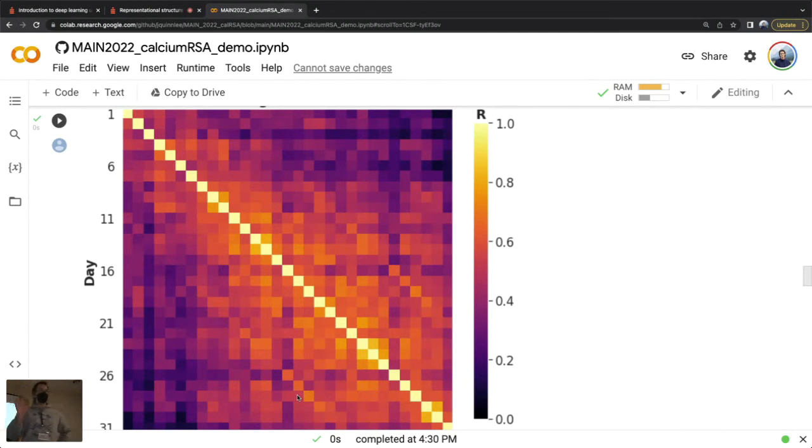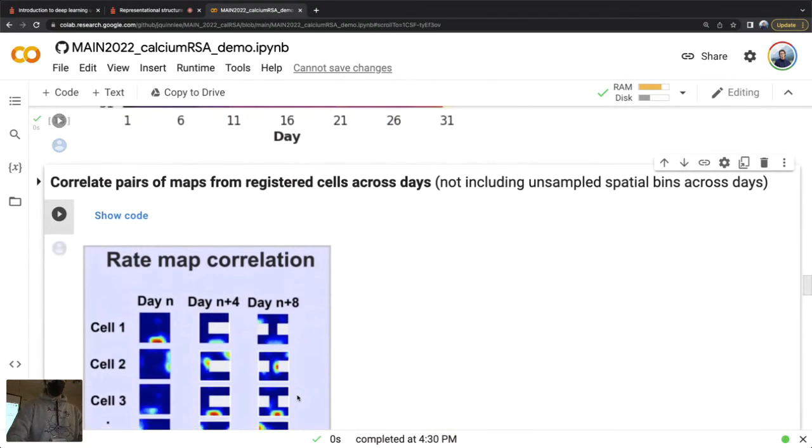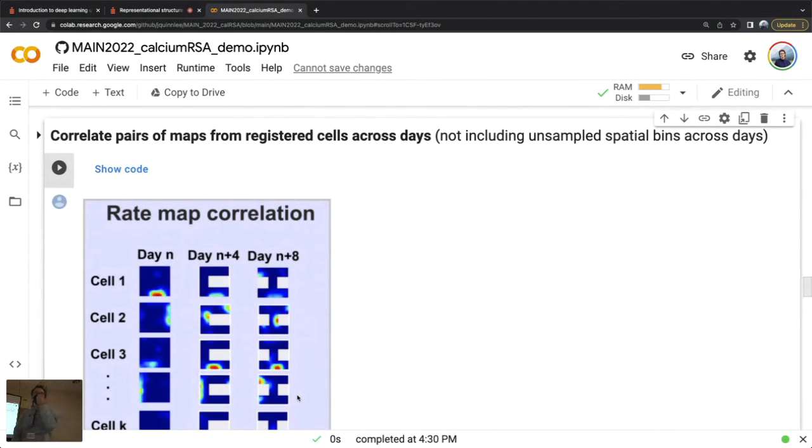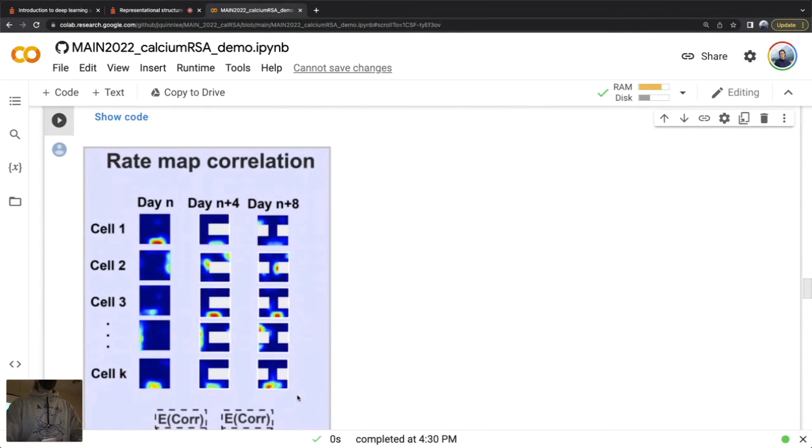Because remember how this experiment was designed. We have this sequence of geometries that repeats at a delay of 10 days. So maybe there's some meaningful structure in this RSM. But I think that we could get more specific and more detailed with how we're building this representation of CA1 activity. So we could use rate maps, right?